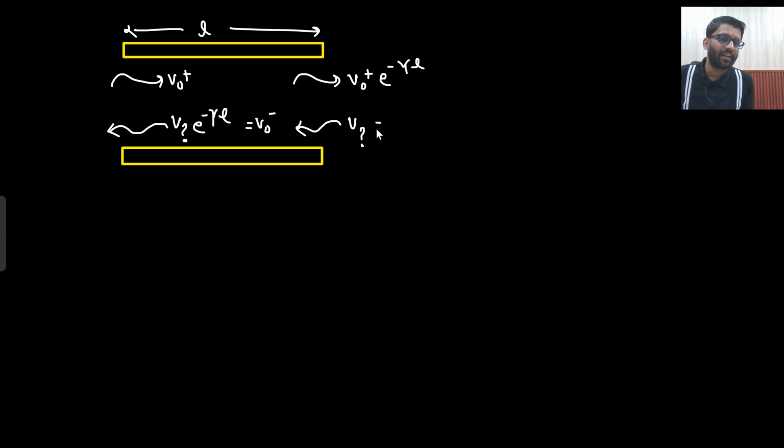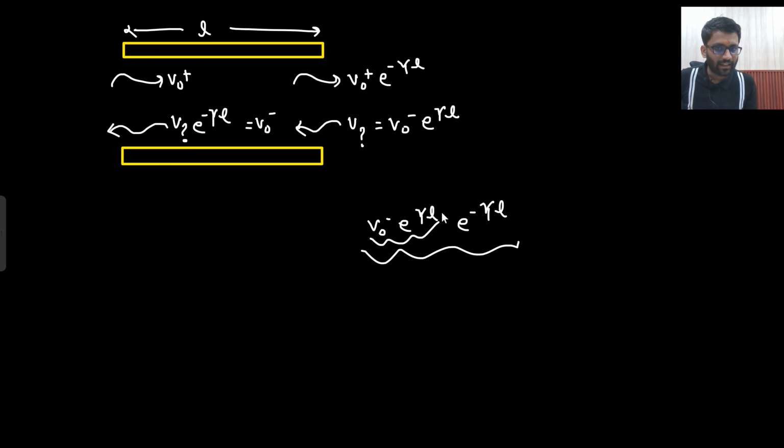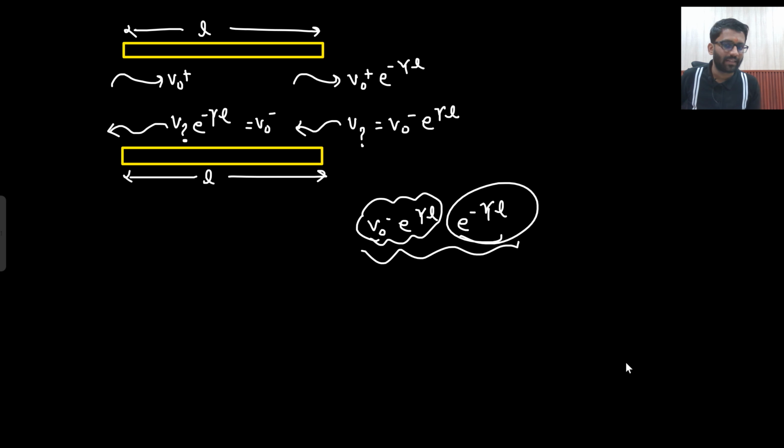So what would have started here? Here V0 minus e to the power plus gamma L would have started. Because if V0 minus e to the power gamma L travels down the distance of L, then this will be the magnitude. This is the starting point. At starting, you are having this much of wave. Then if it travels down a distance of L, how will it lose? E to the power minus gamma L it will lose.